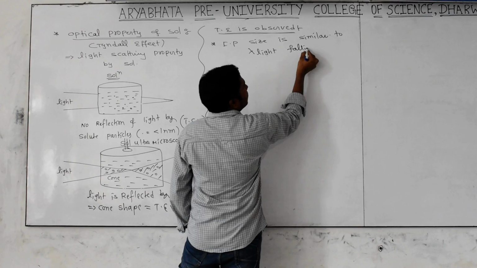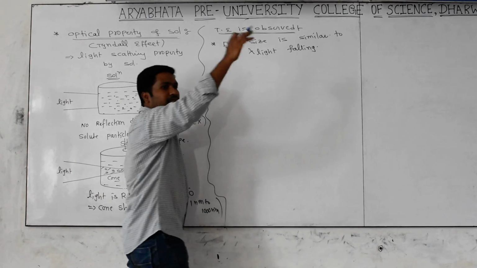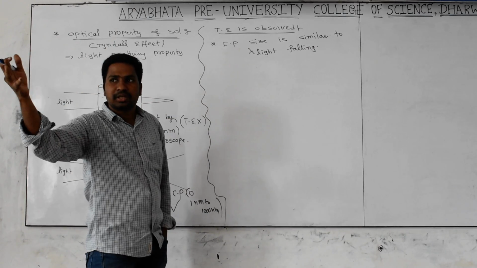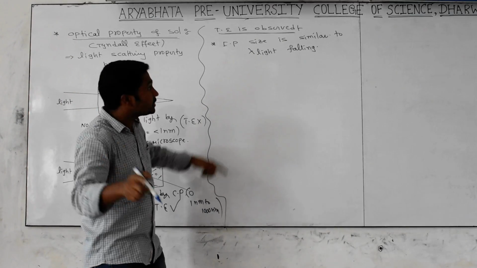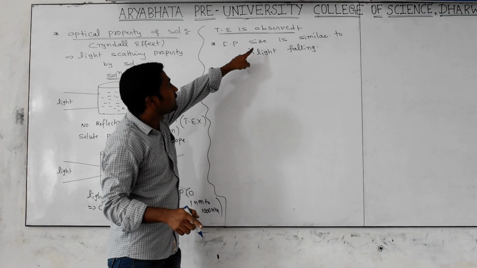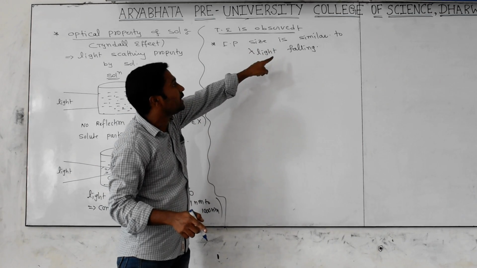Did you get my point? If the wavelength is more and the particle size is too small, there is no collision. No collision means no reflection. When can we observe the Tyndall effect? When the colloidal particle size is similar to the wavelength of light which is falling.